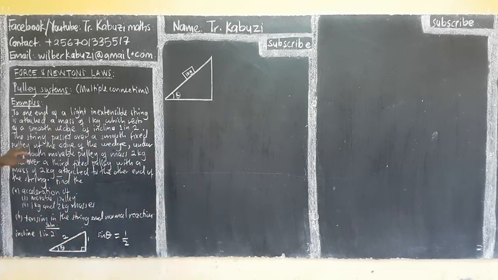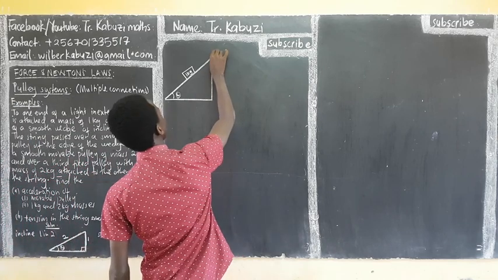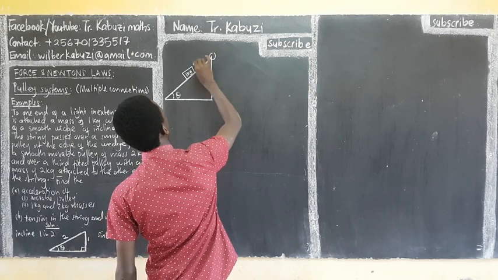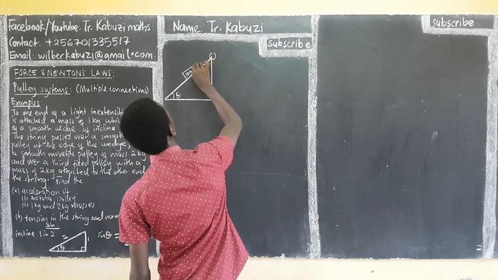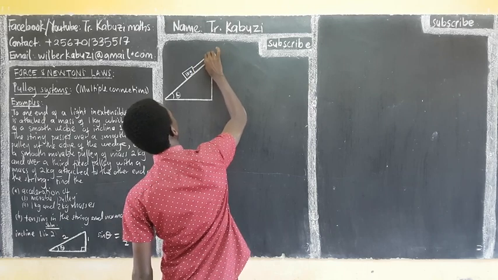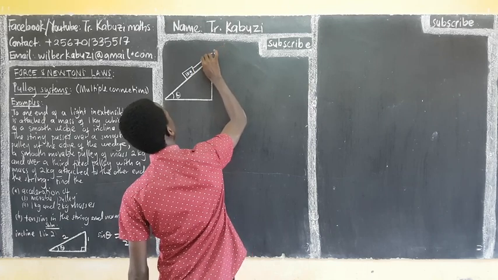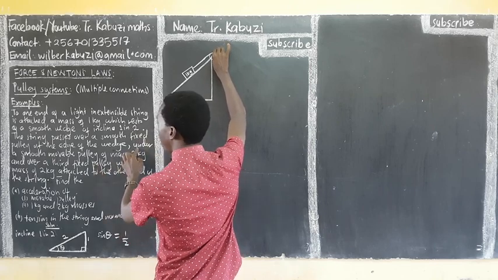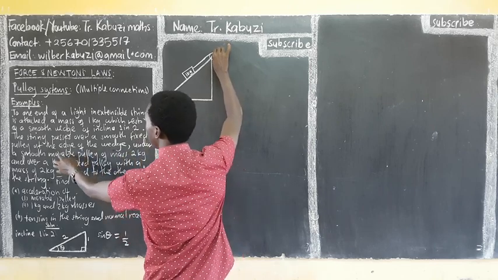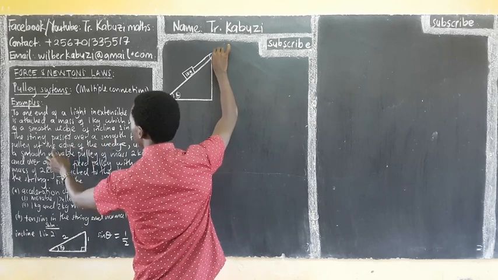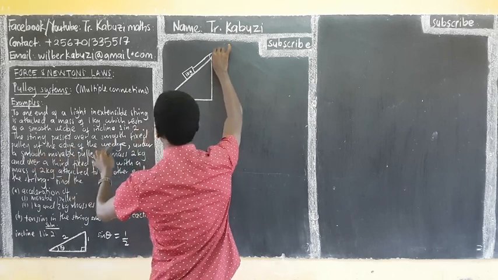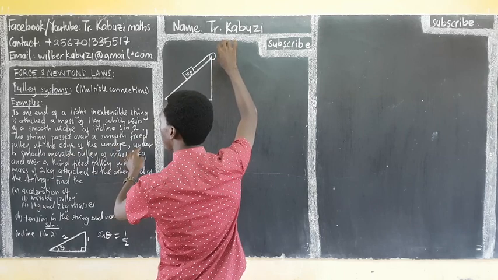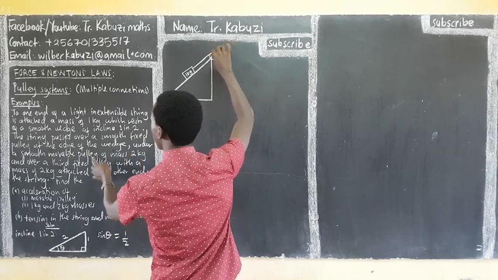Let us proceed. The string passes over a smooth fixed pulley at the edge of the wedge. So now, here they are telling us that there is a fixed pulley, and the string which is holding this is passing over that pulley, over a fixed pulley at the edge of the wedge, and then under a smooth movable pulley.